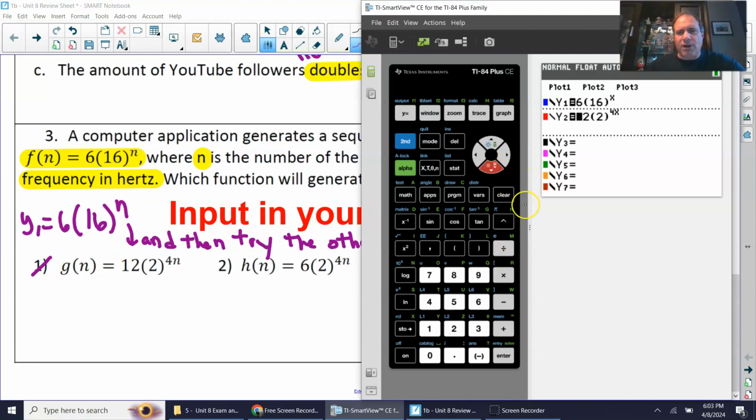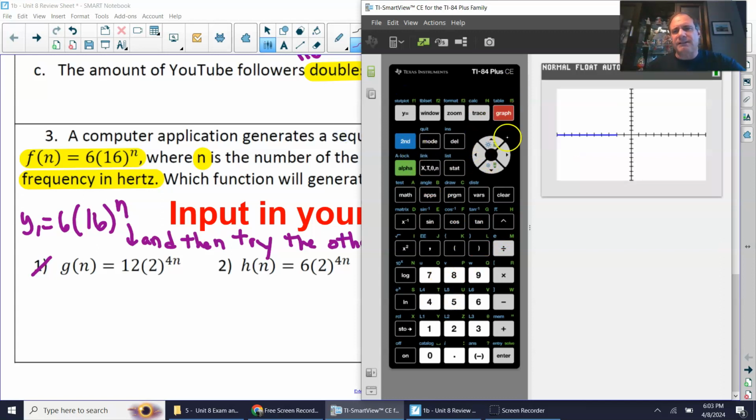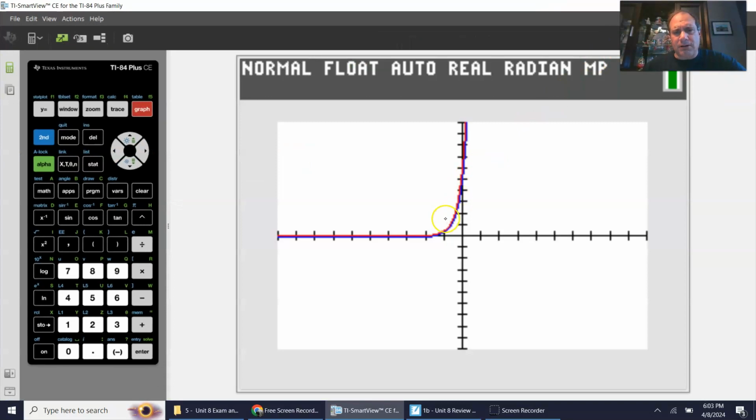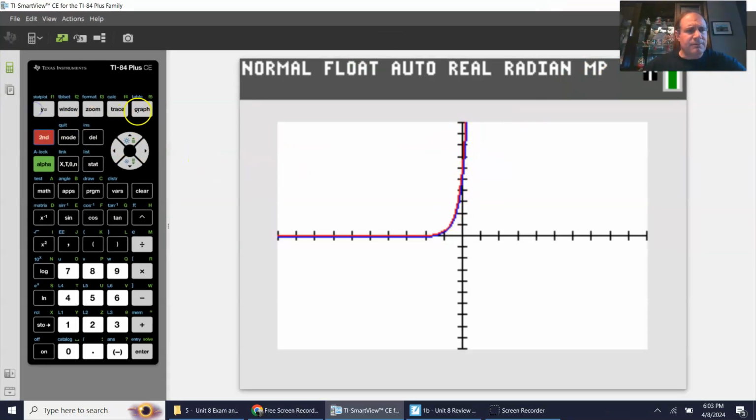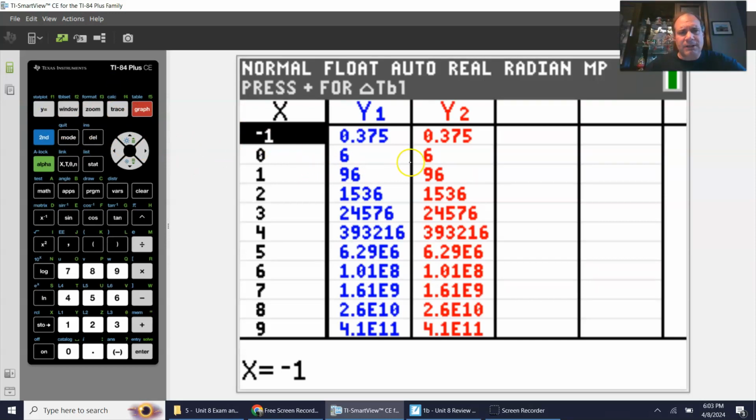Then I go down to y2 and clear it, and I'm going to put 6 times 2 in parentheses to the 4n power. So put 4x power. So we're going to graph it and see if this one works out. So it almost looks like it is, but it might be off just a little bit. I just need to go to the table.